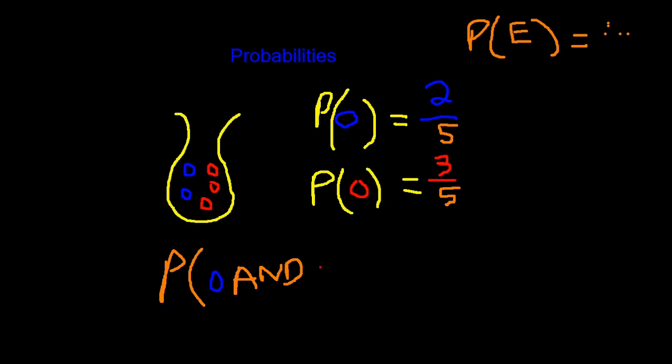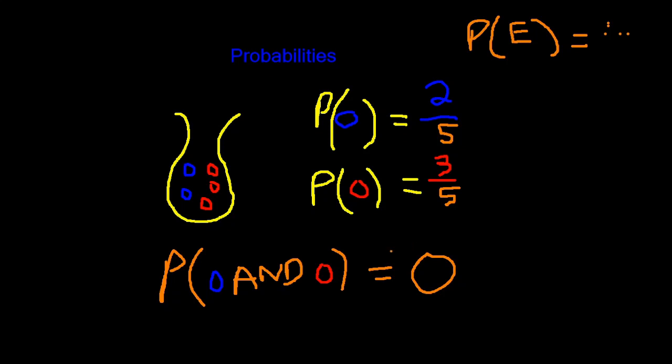Now, I mean you pick one ball from the bag. It sounds like a stupid question, right? You only get to pick one ball from this. It can either be blue or red. It can't be both, right? Because I'm only picking one ball one time. And what's the probability of me getting a blue and a red ball? Well, there are no chances of me doing that. So it's a big fat zero.